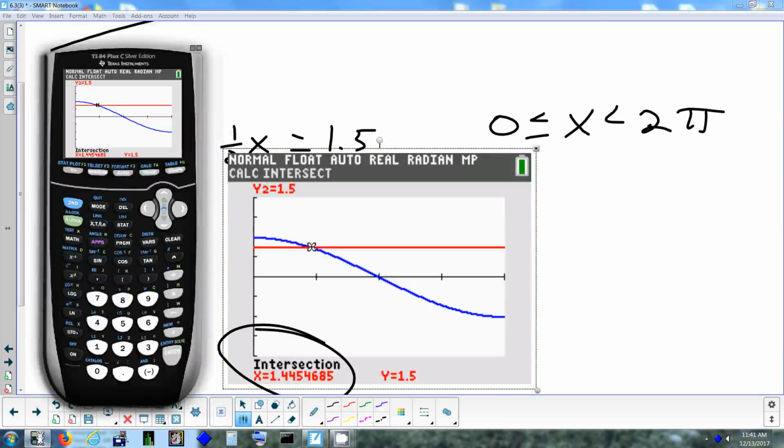Okay, if you're wondering how you could get 4, 5, 6 solutions, I can show you that very easily. Just change one number. And now when you get the horizontal line and the curve, it's going to cross a bunch of times between 0 and 2 pi.